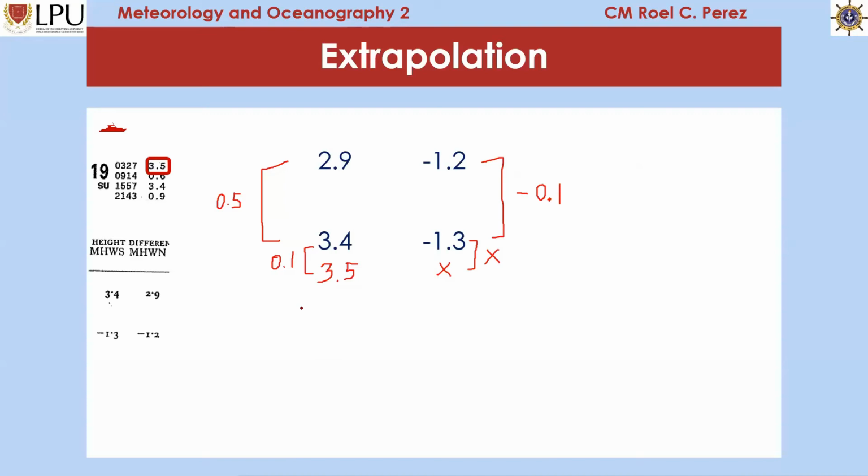So now we can lay out the same as the interpolation. x over negative 0.1 is equal to 0.1 over 0.5. Okay, so we will cross multiply.